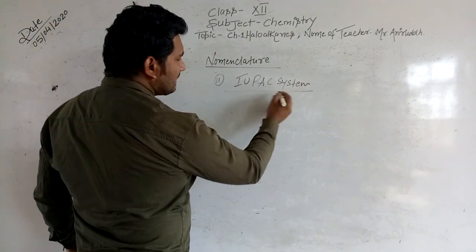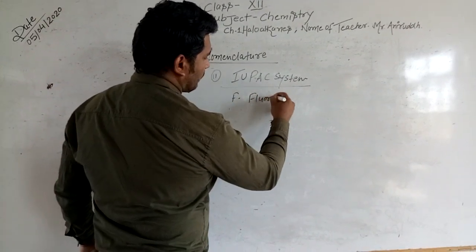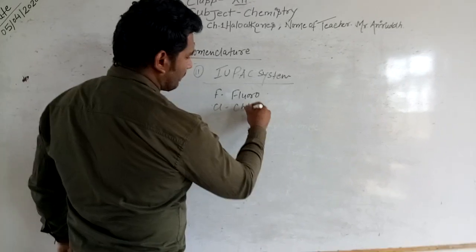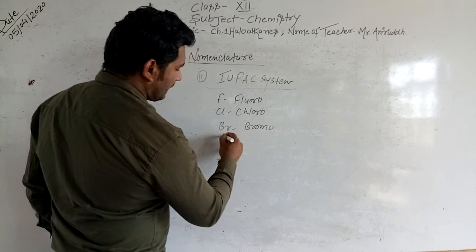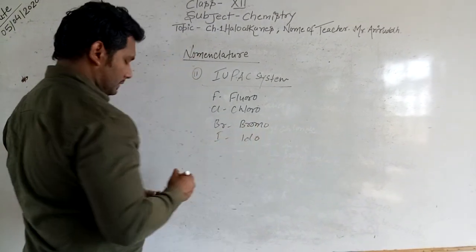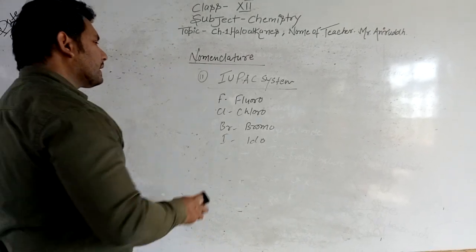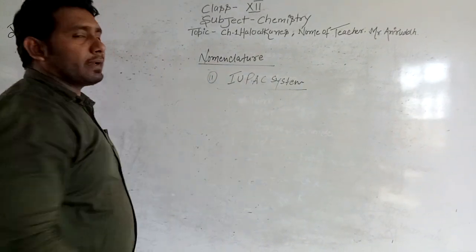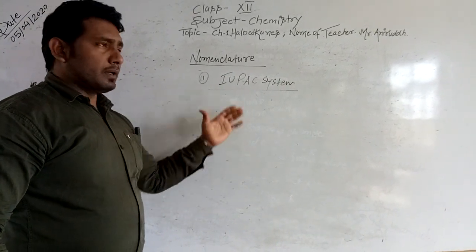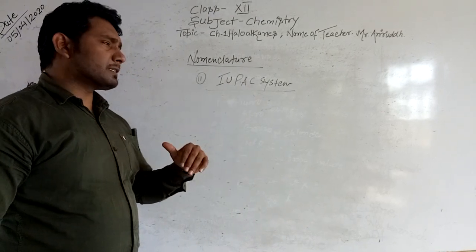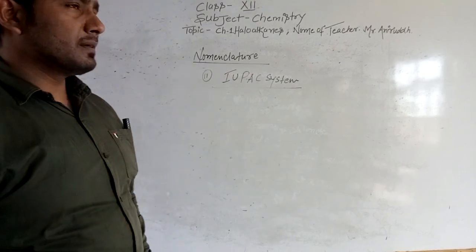In IUPAC, fluorine is fluoro, chlorine is chloro, bromine is bromo, and iodine is iodo. These can be a suffix as well as a prefix. Whenever the compound contains only a halogen atom, fluoro, chloro, bromo and iodo are used as a suffix. Whenever the chain contains more functional groups, they are considered as a prefix.